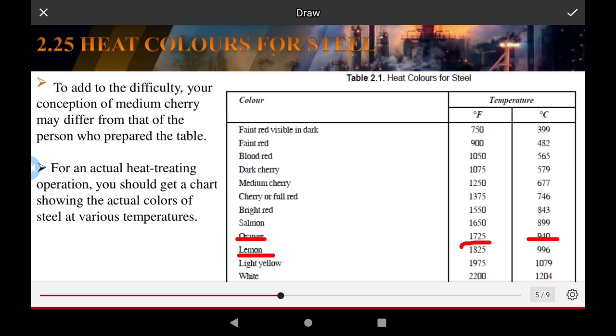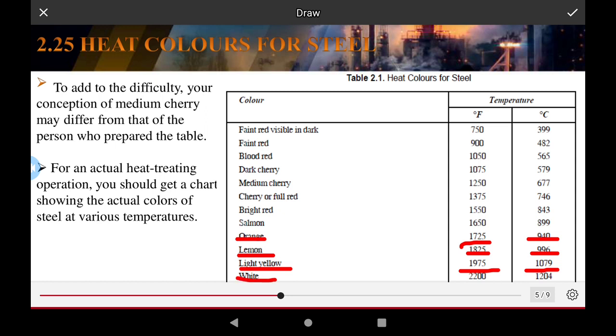Lemon color is at a temperature of 1825 degrees Fahrenheit, or 996 degrees Celsius. Light yellow is 1975 degrees Fahrenheit, or 1079 degrees Celsius.